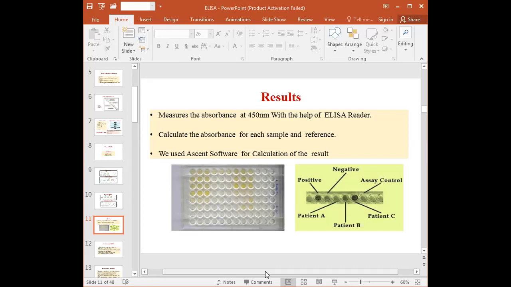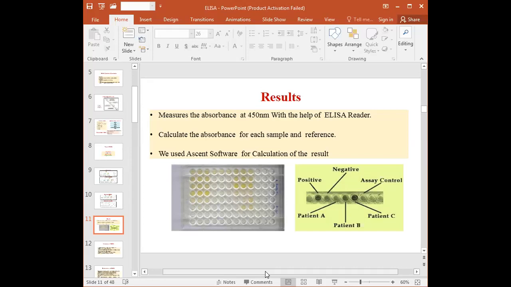In most cases we are using positive and negative controls and the sample. The positive and negative controls will show us that the reaction is happening and that there is no problem in the reagents, only to confirm that.